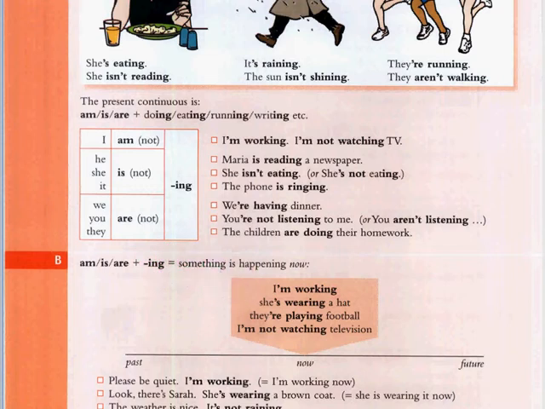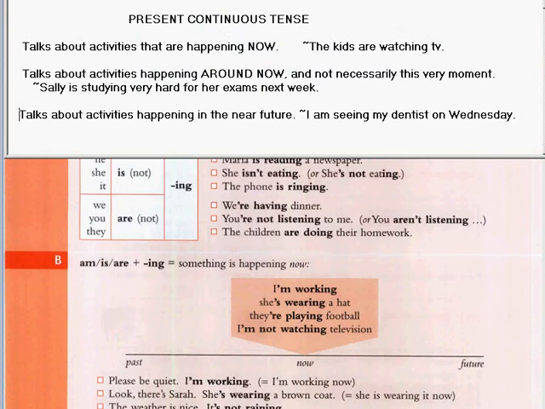To demonstrate the present continuous tense, let us use a timeline right here. Can you see this? You can see the past, now, and the future. In the present continuous tense, we usually use the verbs in this part.